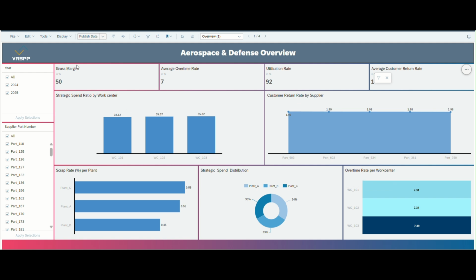Monitoring this ensures that output remains strong while mitigating the risk of long-term fatigue or error rates rising due to overwork. To make these insights actionable, with the year and supplier part number filters, we can identify whether overtime is linked to specific suppliers, part demands, or time periods.